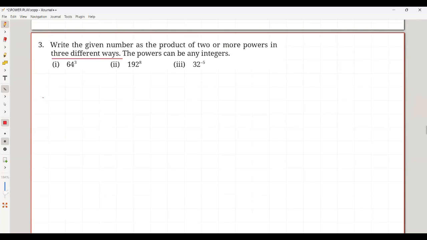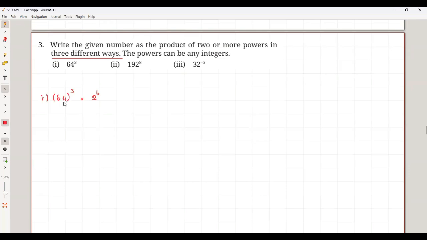First one I am just taking 64 to the power 3. 64 power 3, we can write it as 64. How can I write with the power of 2? 2 power 6, I can write it as 64.